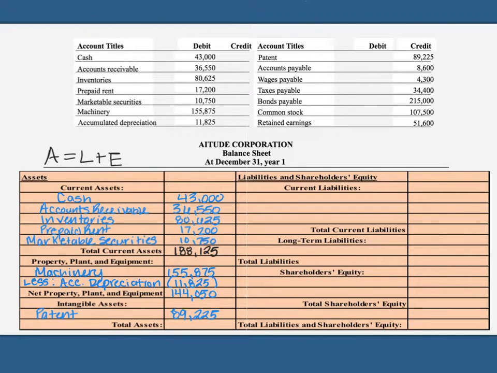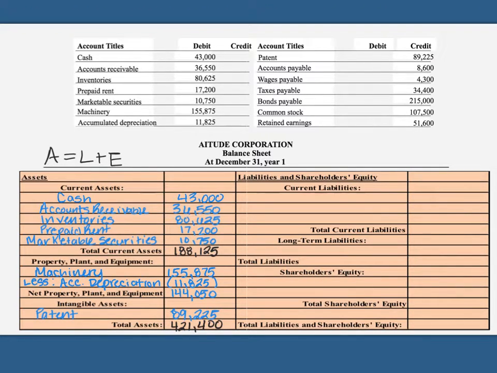We have our total current assets of $188,125, net property, plant, and equipment $144,050, and our intangible assets, which was just the patent, $89,225. Adding all those up, we should get a total of $421,400.